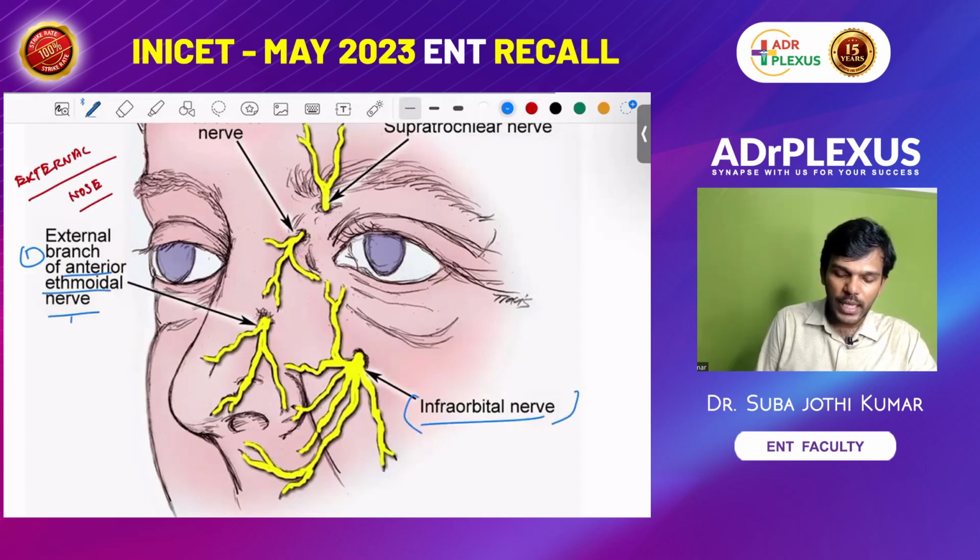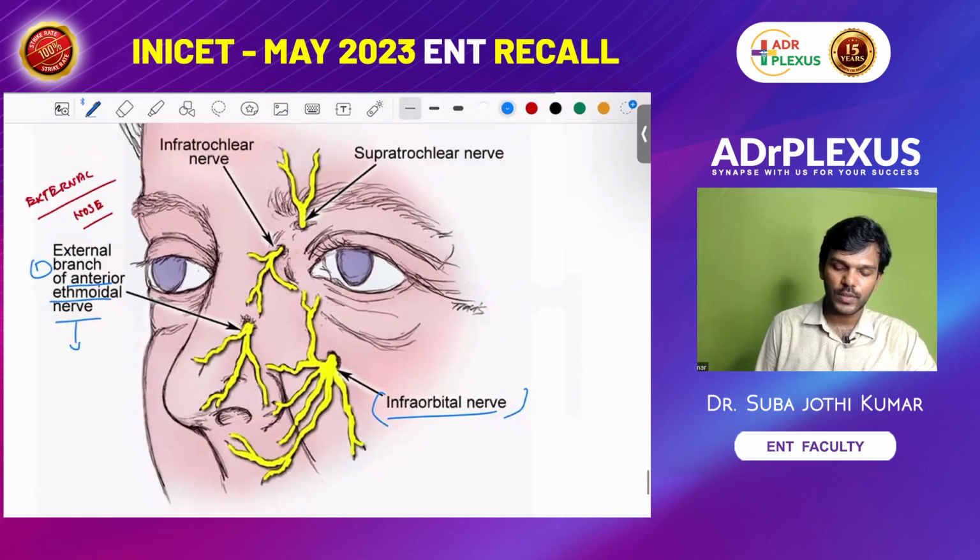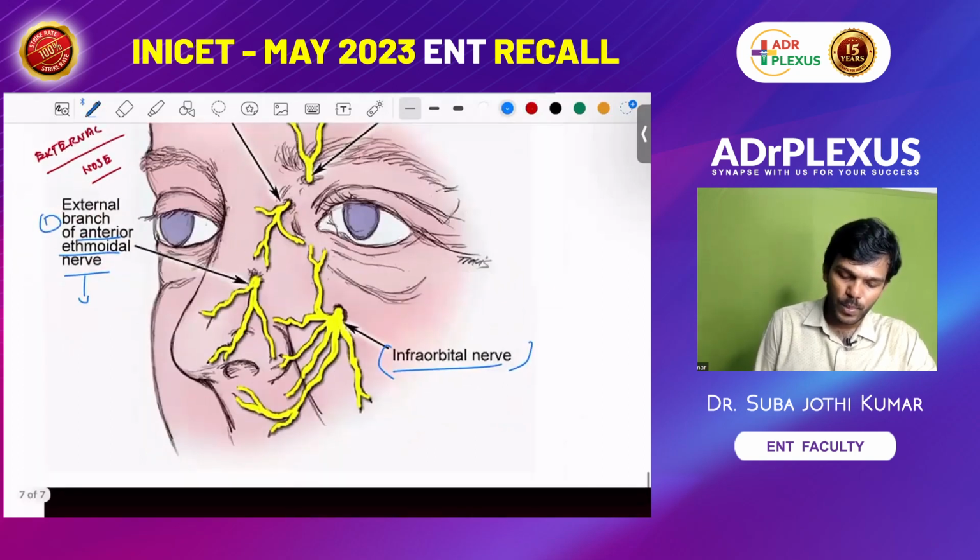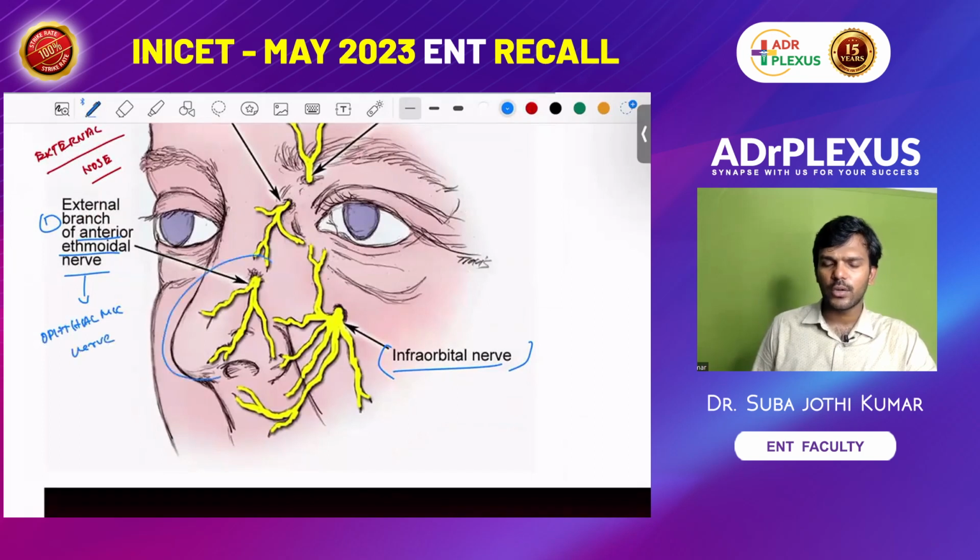So the anterior ethmoidal nerve is again a branch from the ophthalmic nerve. Okay. So almost half of the external nose is supplied by the anterior ethmoidal nerve.